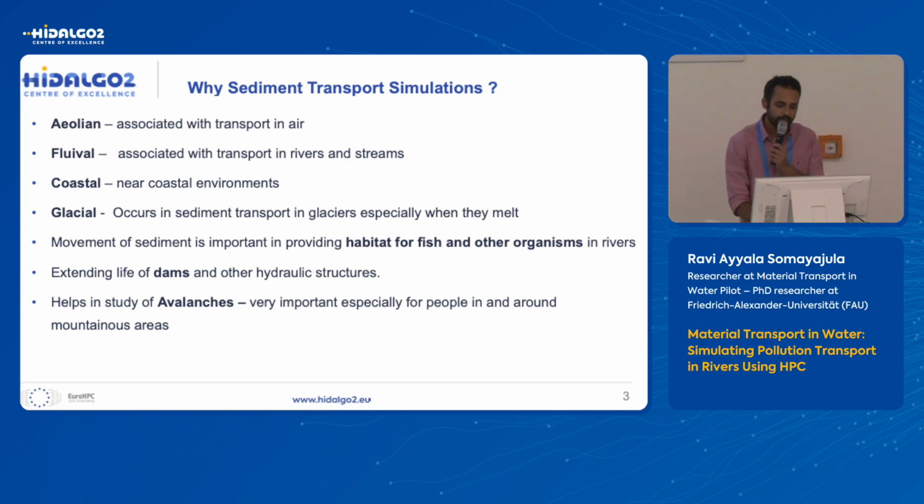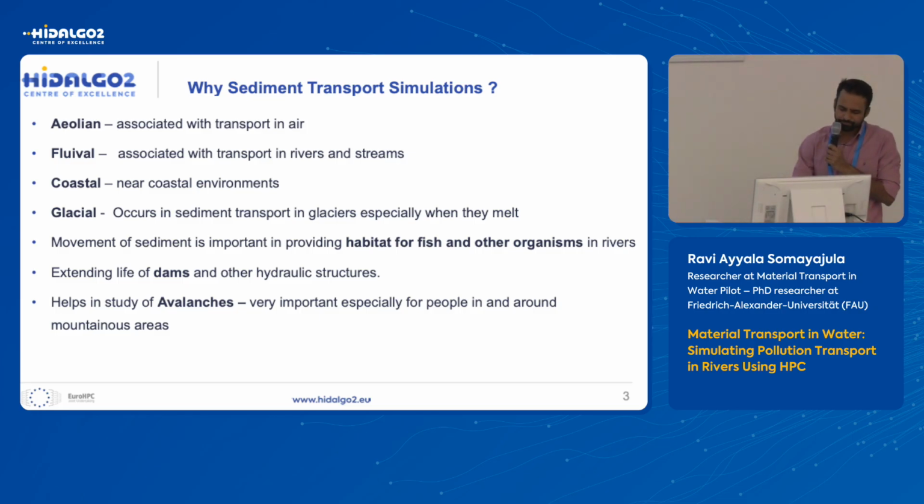As you can see, transport via air. Fluvial is termed as transport in rivers and streams. Then coastal environments, and also glacial environments, wherein when the glaciers melt, the sediments that are there in the frozen form start to transport.